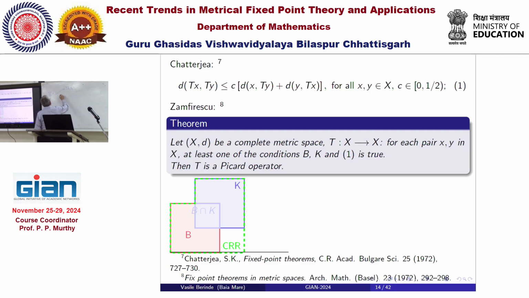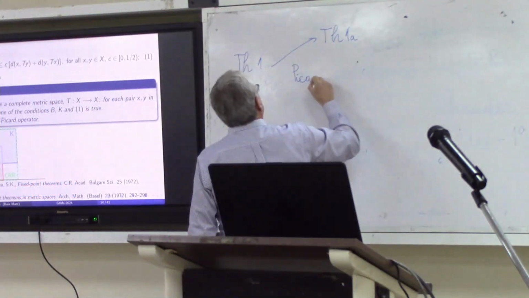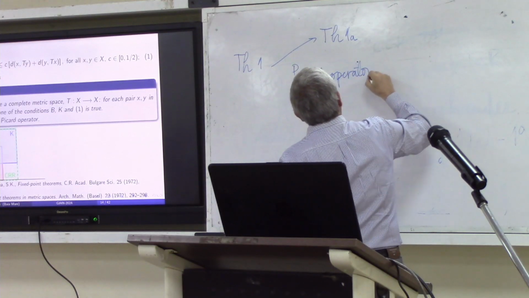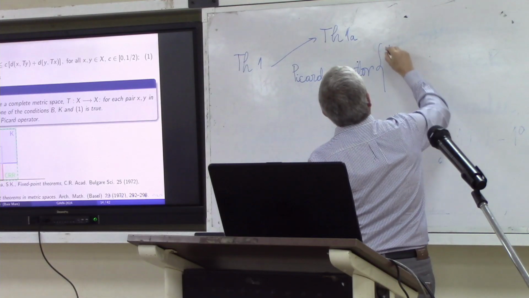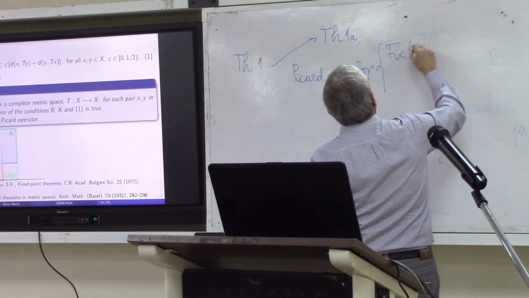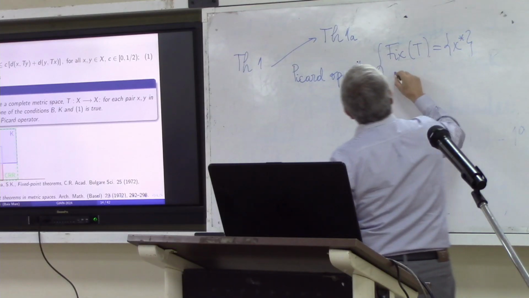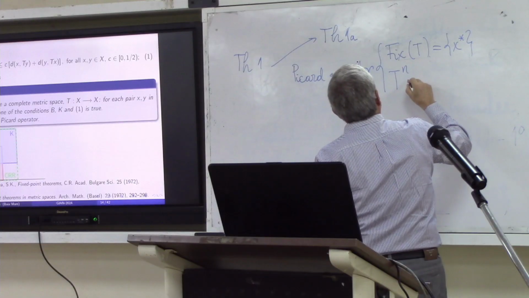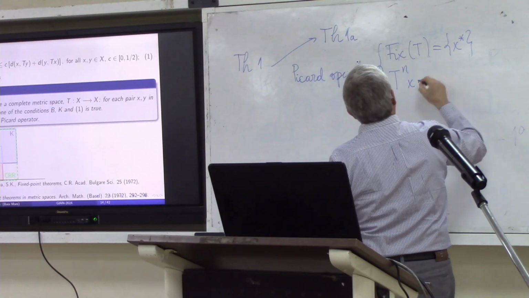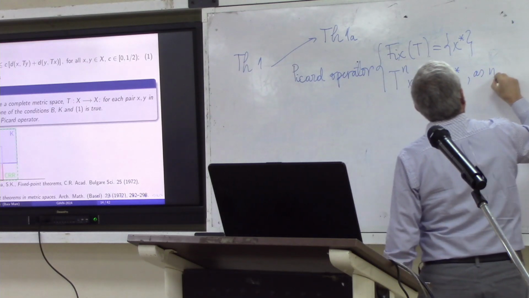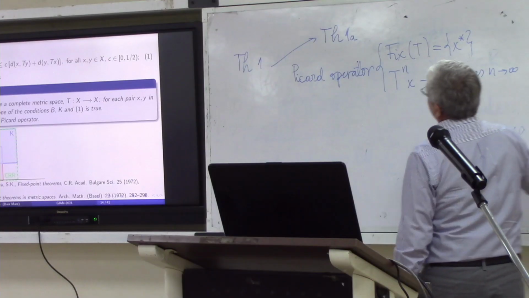What does Picard mean? This notion has been introduced by my professor Rus. It means that this map has only one fixed point, and the sequence of successive approximations converges as n tends to infinity. This means Picard operator.